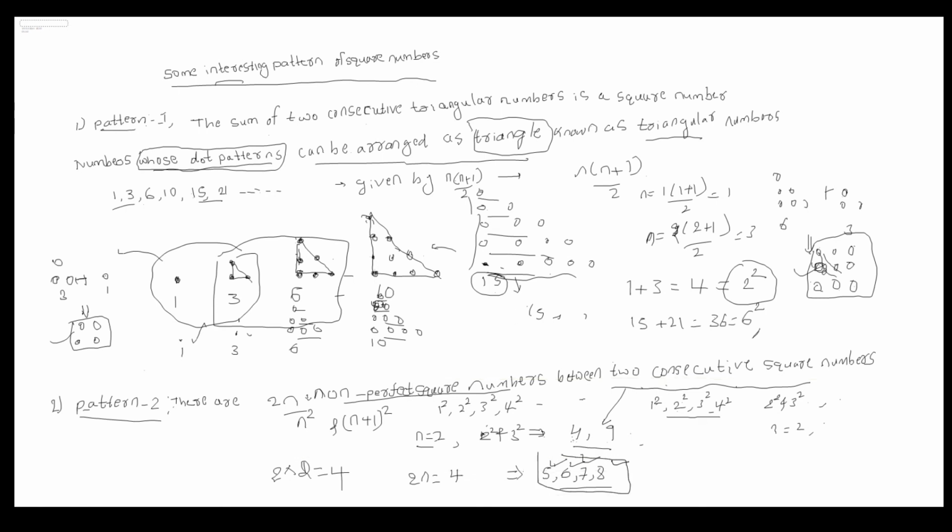You can easily conclude with an example. Yes, of course. Definitely there are 2n non-perfect square numbers between two consecutive square numbers. We can easily conclude with an example.